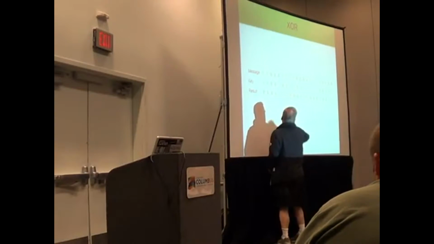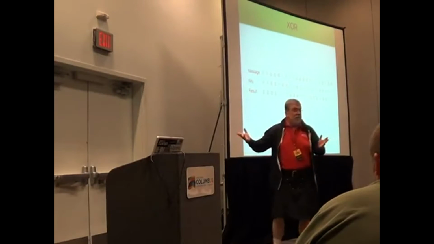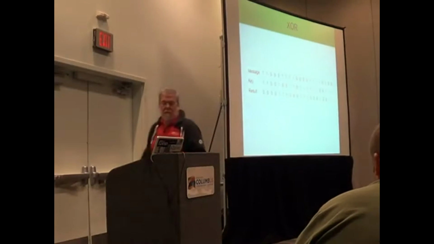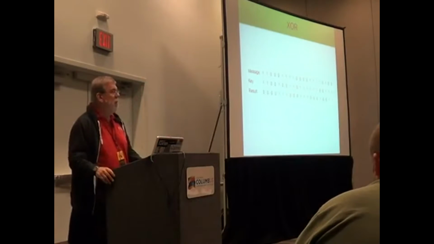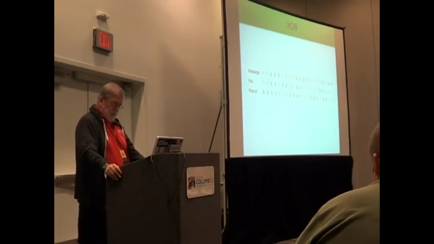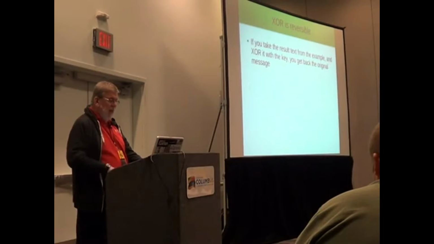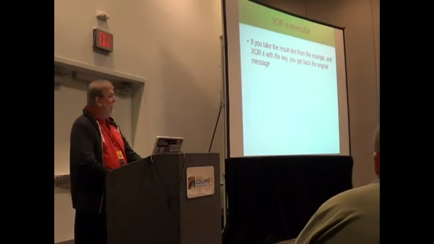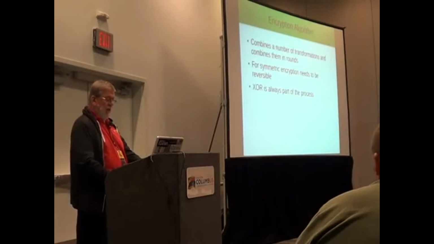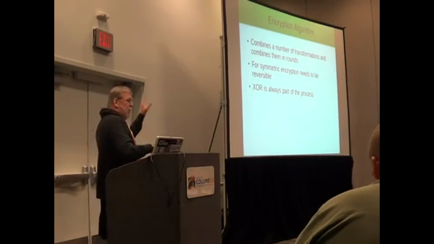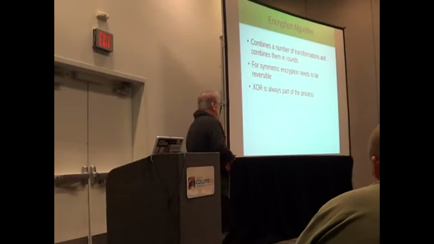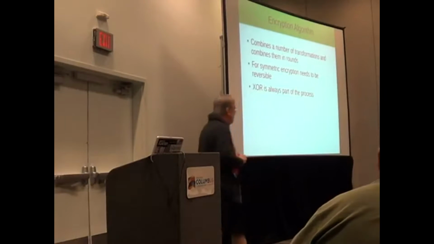A 1 and a 0 gives me a 1. That's how exclusive OR works. Not terribly difficult. And if you XOR the result, you would get back the same message. I'll leave that as an exercise for you to prove to yourself that that is the case.